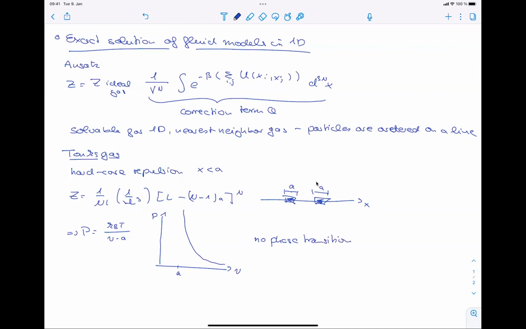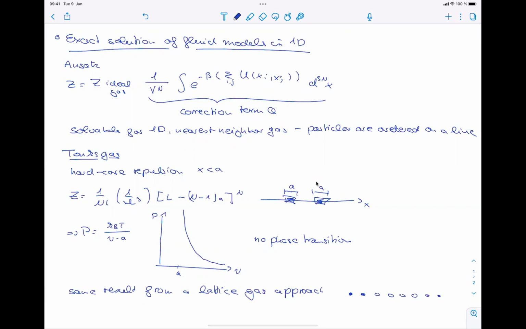And we also saw that we get the same result from a lattice gas approach, where instead of having a continuous space variable x, we consider a lattice, and either the lattice points are occupied or empty.